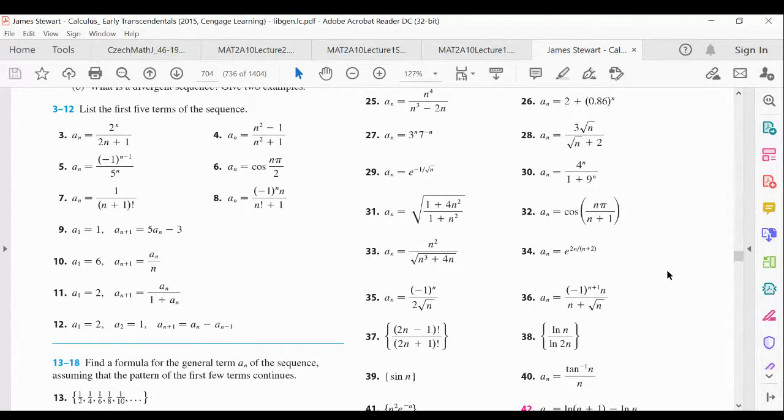So you'll say ln of a n, the logarithmic function with natural base, is ln of e to the negative 1 over square root n. And because ln and the exponential function are inverse functions, on the right-hand side you're going to get the expression negative 1 over the square root of n.